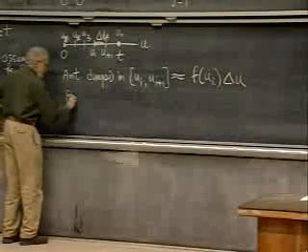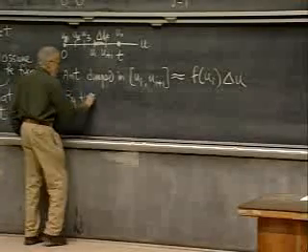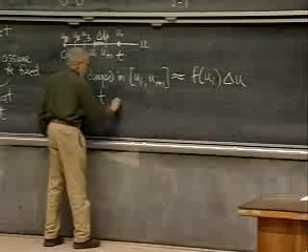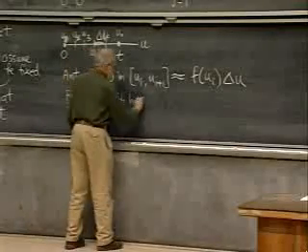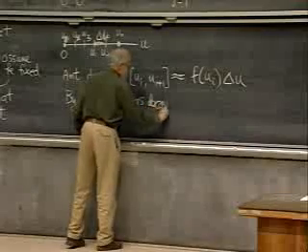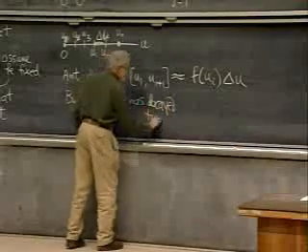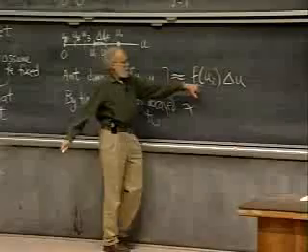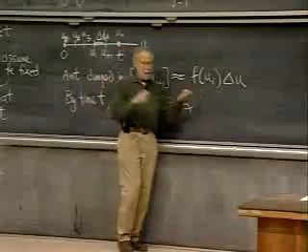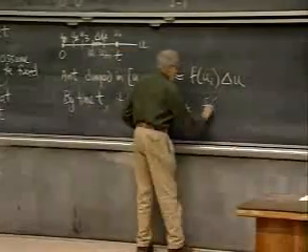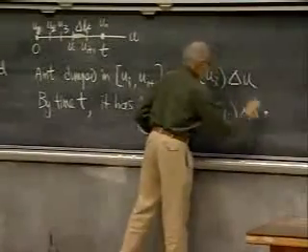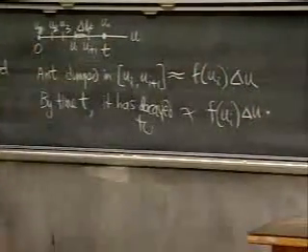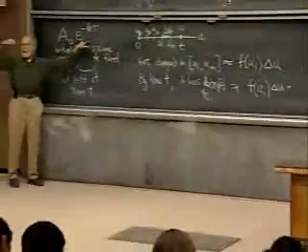By time t, how much has it decayed to? How much is left, in other words? Well, this is the starting amount. So the answer is going to be f of ui times delta u times this factor, which tells how much it decayed.